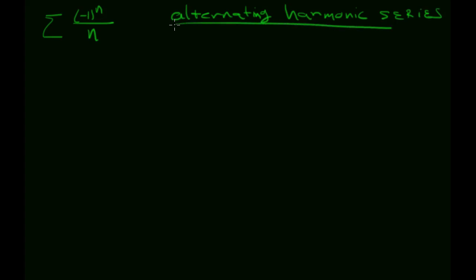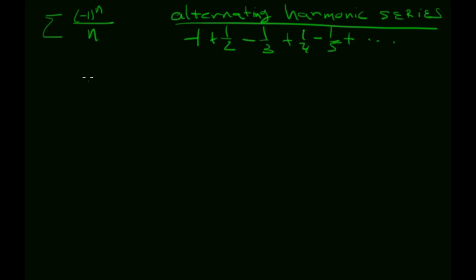If you think about this series, you get -1 plus a half minus a third plus a fourth minus a fifth, and so forth. So it's the harmonic series, but we're changing the sign at each term.